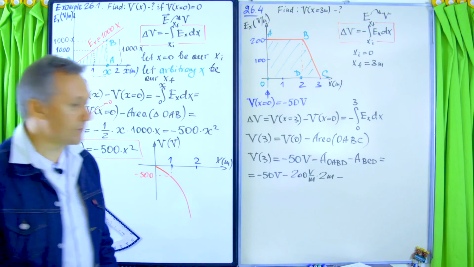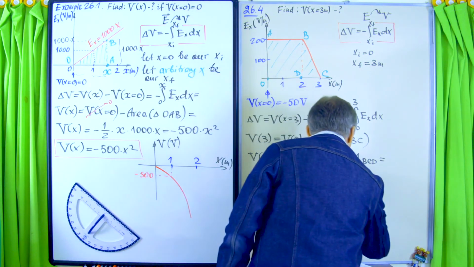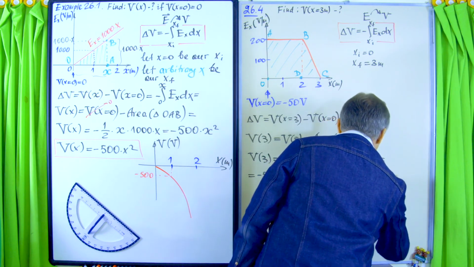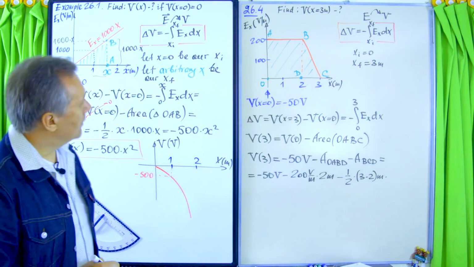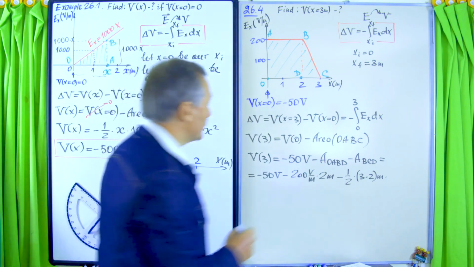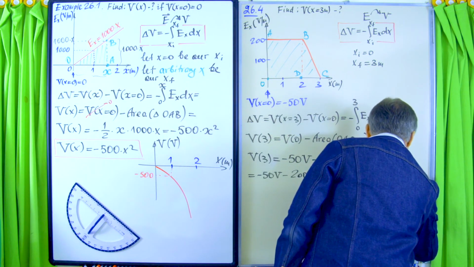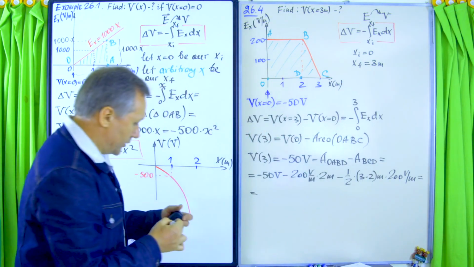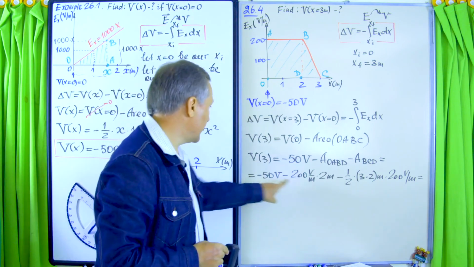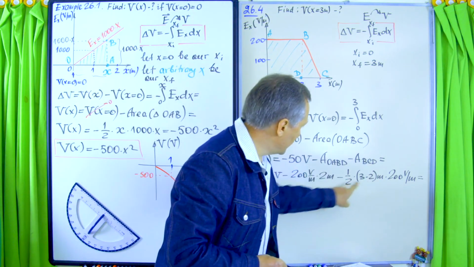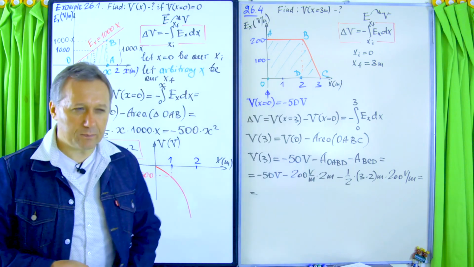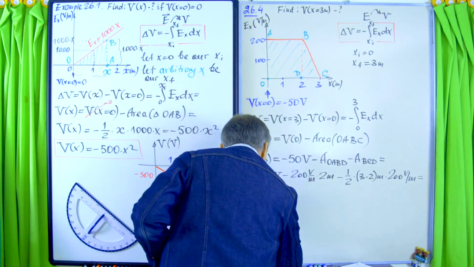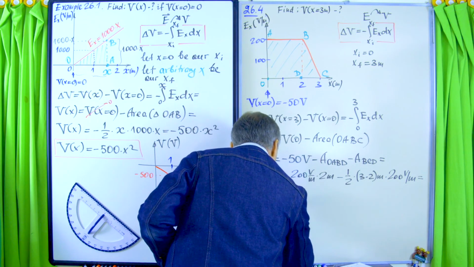So that's the area of a rectangle, and the area of a triangle, minus 1 over 2 times the base, which is 3 minus 2 meters, times the height, which is 200 volts per meter. Okay, so now we just need to add them all up. So 400, 450. This is 1 over 2, so this is 100, 450, and minus 100, it's minus 550. Negative 550 volts.